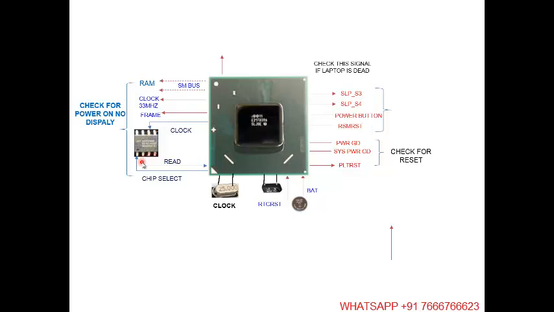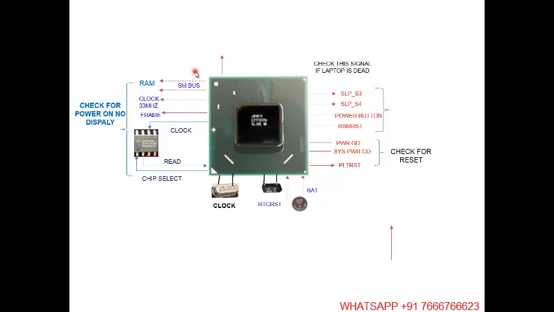If these two pins are okay, then you can check the next signal, that is called SM bus, the system management bus, which is connected to the RAM slot. It reads the SPD BIOS there. There is one small chip on the RAM.